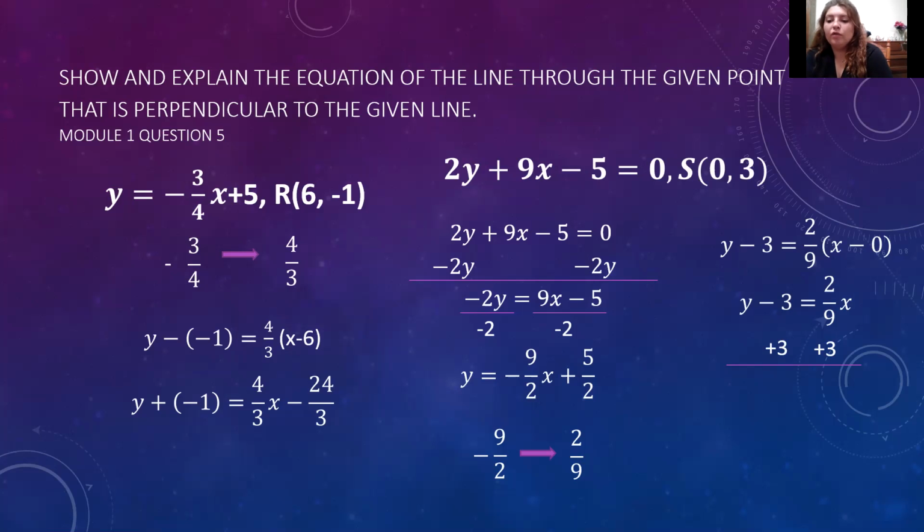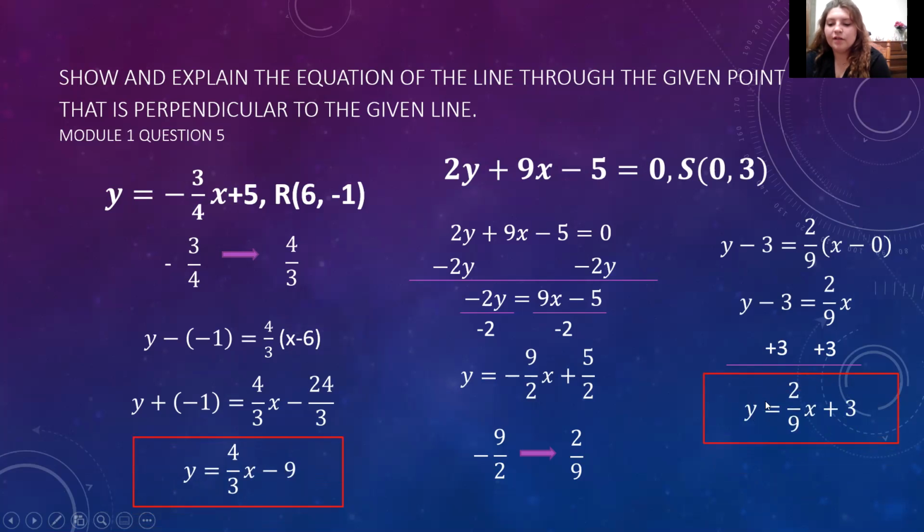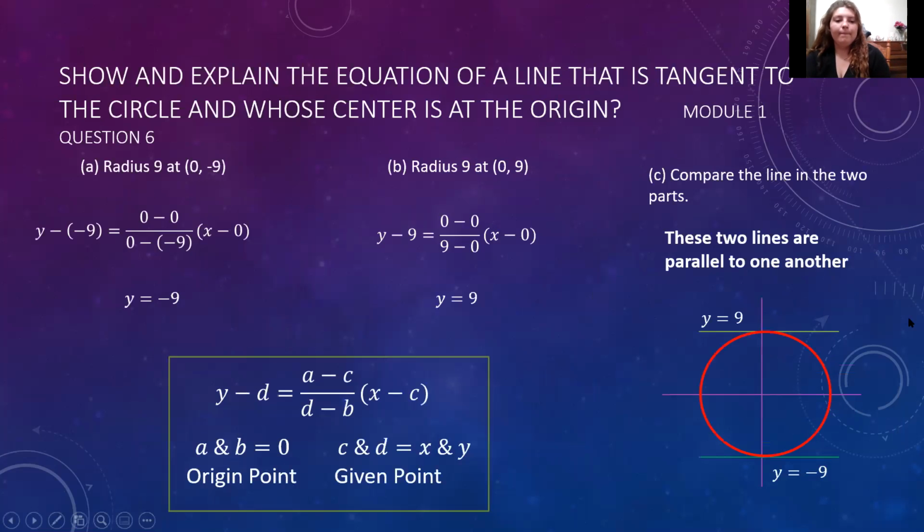So then we distribute that 2/9 in again, and we get y minus 3 equals 2/9 x, which is y equals 2/9 x plus 3. So in this red box here, I have both of those lines showing that are perpendicular to the lines that we were given.